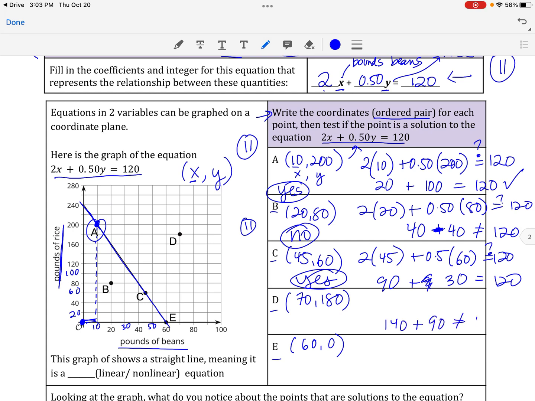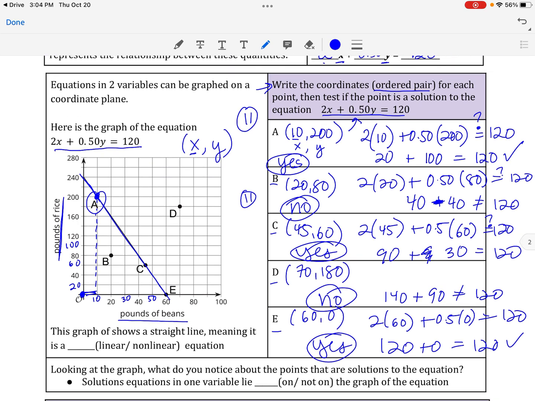That does not equal 120. That is not a solution. This one, if I plug it in, I get 2 times 60 plus 0.5 times 0 equals 120. And that is 120 plus 0. That does equal 120. Yes.